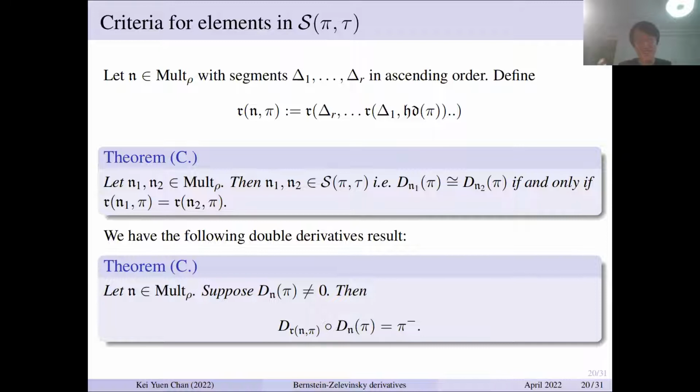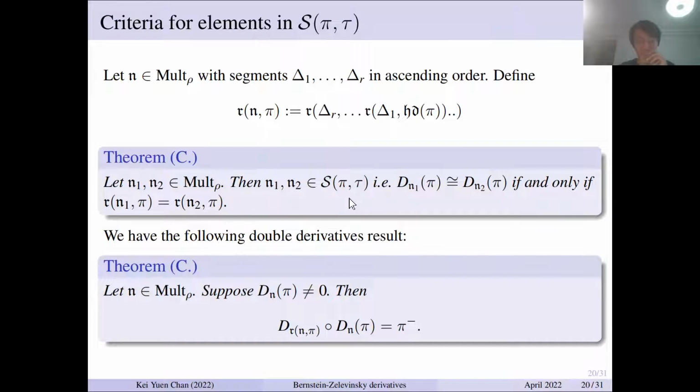Several times, from delta 1 to delta R. The meaning of keeping a record of the change of derivative is in the following theorem.